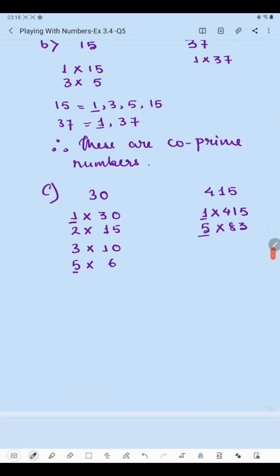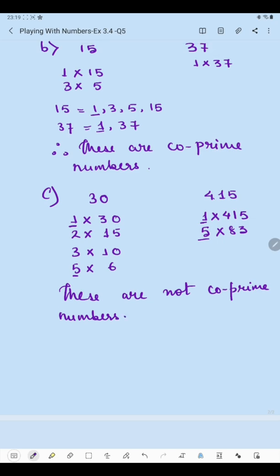So it is clearly seen that these are not co-prime numbers, so we don't have to find further factors of 415, because here we have got a common factor other than 1. Okay, so these are not co-prime numbers.